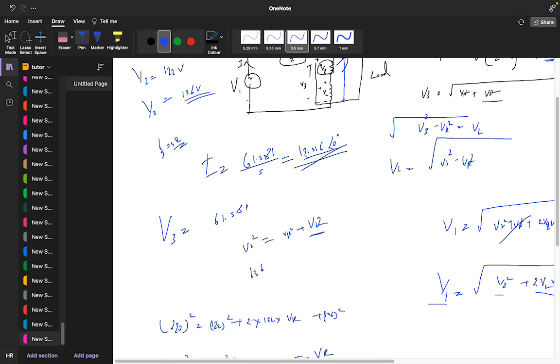V3 136 square minus VR value, 61.581 square, under root. What will the value be, Prasanna, tell me? 136 square minus 61.581 square. VL value.